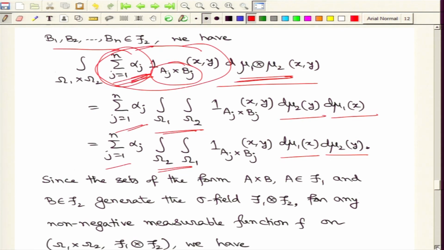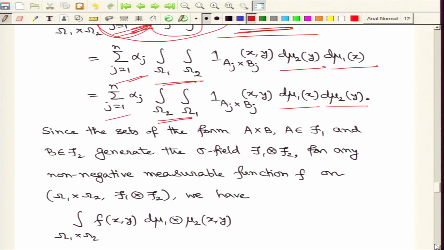This leads us to a very important observation that calculations of integrals using the product measure can actually be performed using iterated integrals, and this is helpful because if you want to perform an integration in higher dimensions, and you know that your higher dimensional measure is actually a product measure, then maybe you can reduce it to iterated integrals, and the integrals that you will have to perform will be on lower dimensional spaces only. That will reduce the computational complexity.